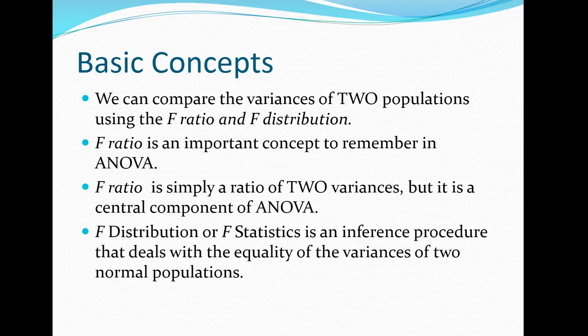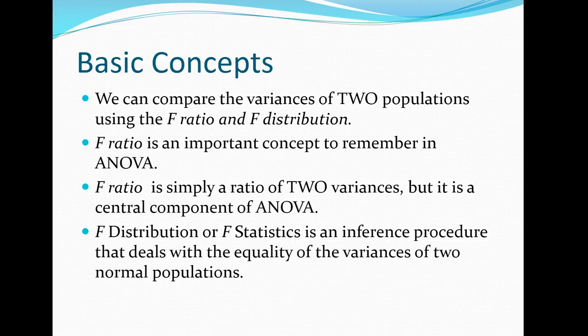So this is a new concept that I'm introducing. Again, we have to remember that variance is part of the measures for dispersion, on how big is the variance. That is what the F statistics is trying to determine.